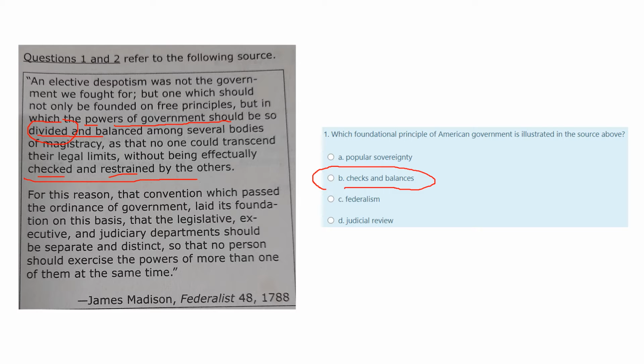So for this reason, the convention which was passed, the orders of government, laid its foundation on the basis that the legislative, executive, and judiciary should be separate and distinct, so that no one person can have power over more than one of them. The president is separate from the legislature. The judges are separate from the president. All of them are individual. All of them can limit the power of the other branch. That's why the correct answer is B.